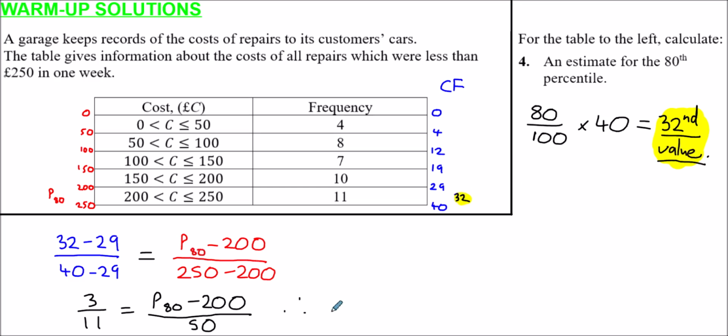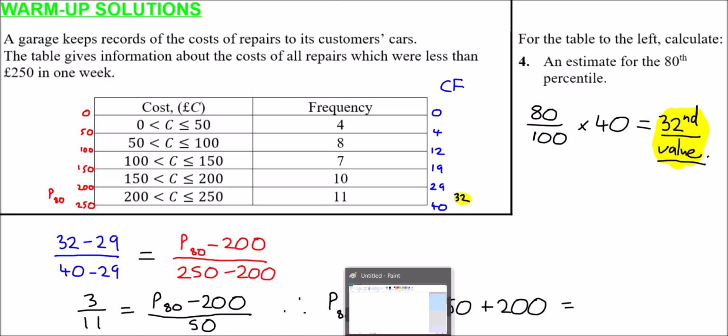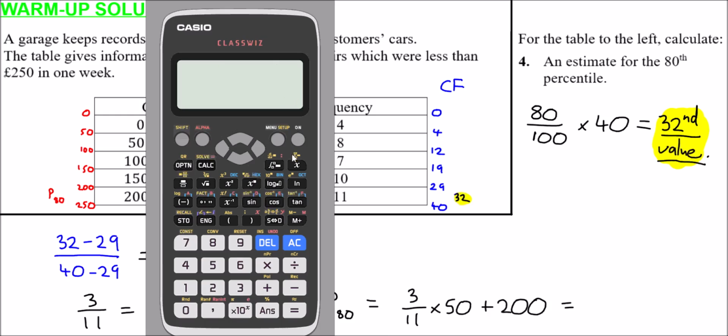The 80th percentile, which is P80, is this 3/11 multiplied by 50 and plus this 200. So if we work this out now, so type in 3 over 11 multiply by 50 plus 200.